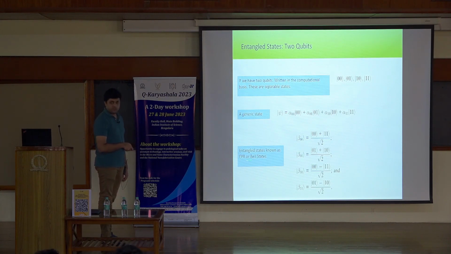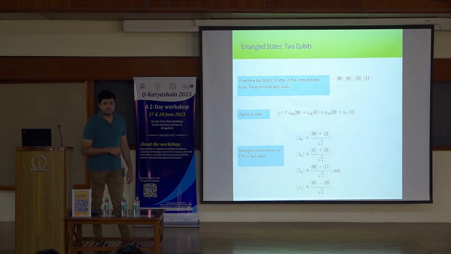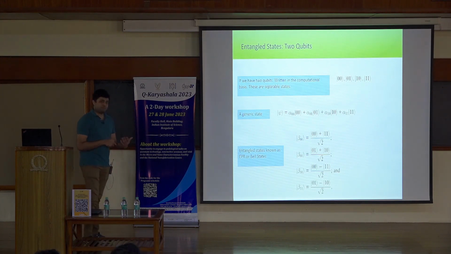These are known as EPR or Bell states. Entanglement is a purely quantum phenomenon. There's no classical counterpart to those. That's been done in many experiments, that violation of Bell's inequality has been found.